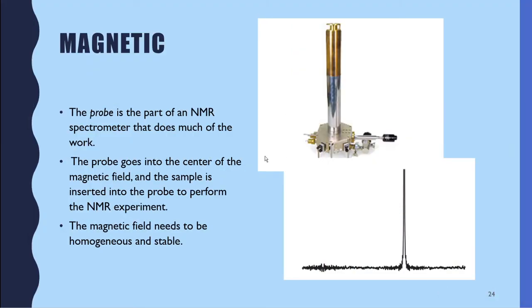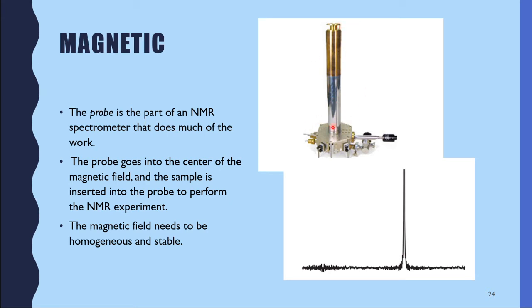Now I mentioned probe as a verb when I said that NMR is a good spy and it will probe the molecule. Now I'm using the word probe as a noun. So this is called a probe.